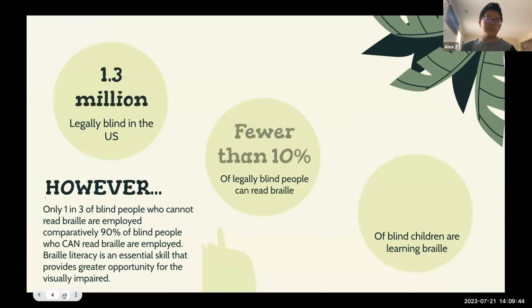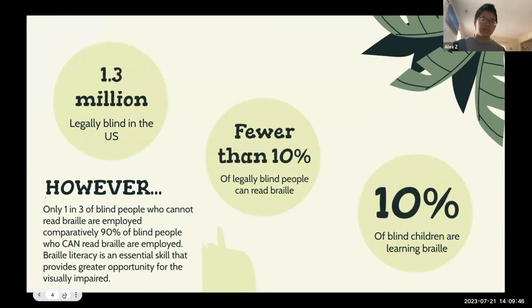And next we have some statistics. There are 1.3 million people who are legally blind in the US, but fewer than 10% of legally blind people can read Braille, and only 10% of children are learning Braille.